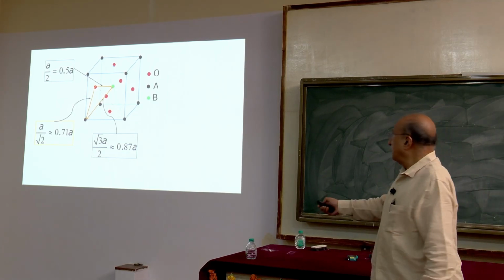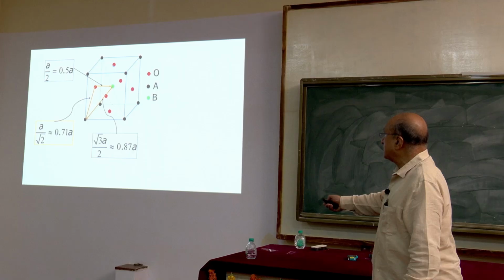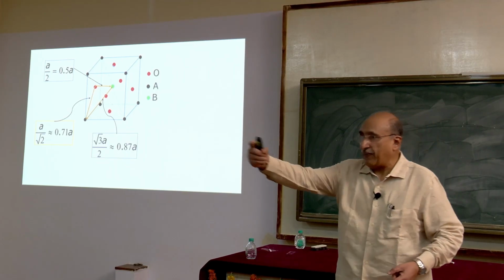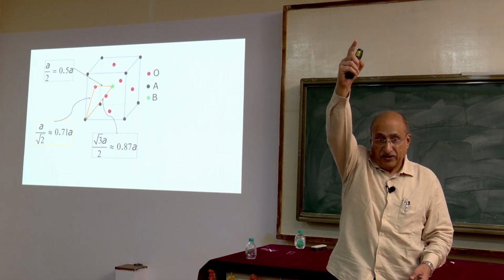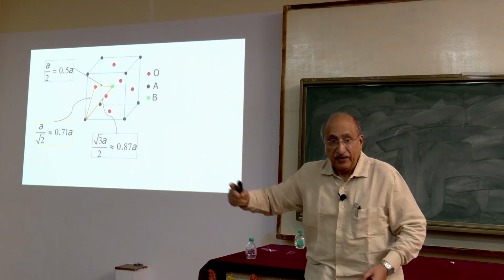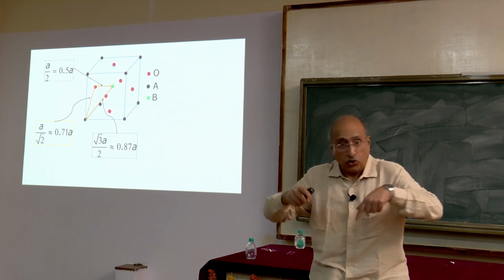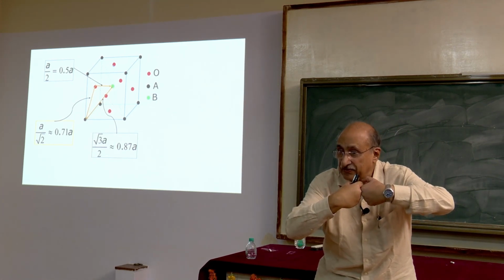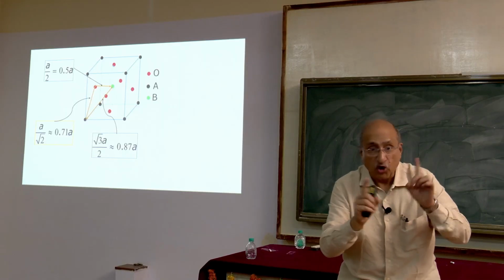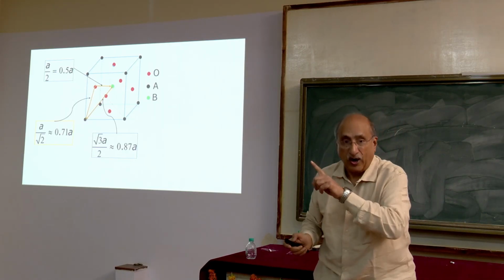First go from a by 2 distance, from here you must come a by 2 distance this way. So this distance will be a by 2 squared plus a by 2 squared under root. And if they are also touching, and these involve only oxygen ions, that must be equal to 2Ro.